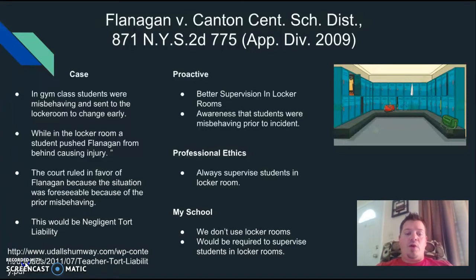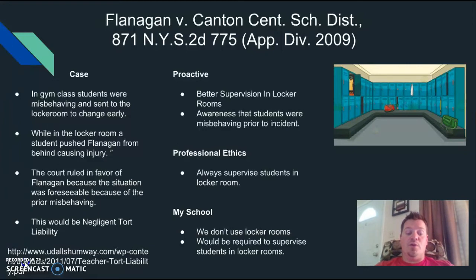So some ways to be proactive: better supervision in the locker room, and also awareness when the students are misbehaving or there is an issue going on. That really is the time to step in and make sure you're supervising those kids. Professional ethics: always supervise students in the locker room. At schools, one of the biggest places that there are problems is in the locker rooms, and there always has to be somebody in there when a group of students are in there.